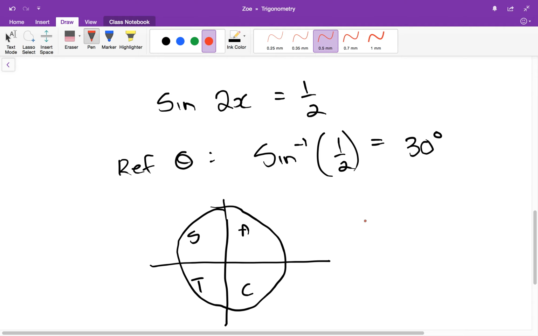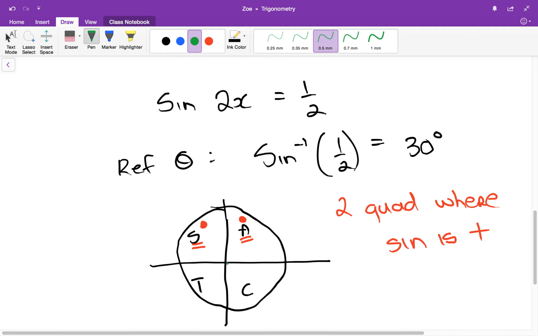So we are looking for the two quadrants where sine is positive. So sine is positive in this quadrant because all of them are positive, and sine is positive in this quadrant because it says S, and that means sine is positive.